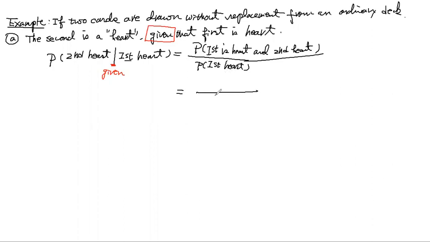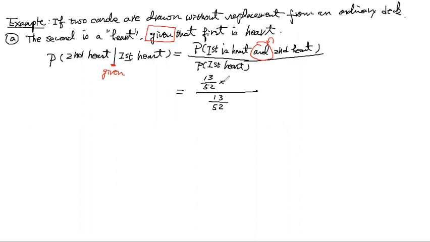I know I have 13 hearts out of the 52, so the chance for me to get that is 13 out of 52. Then the second one is a heart, and that means the intersection. The first one being a heart is 13 over 52.